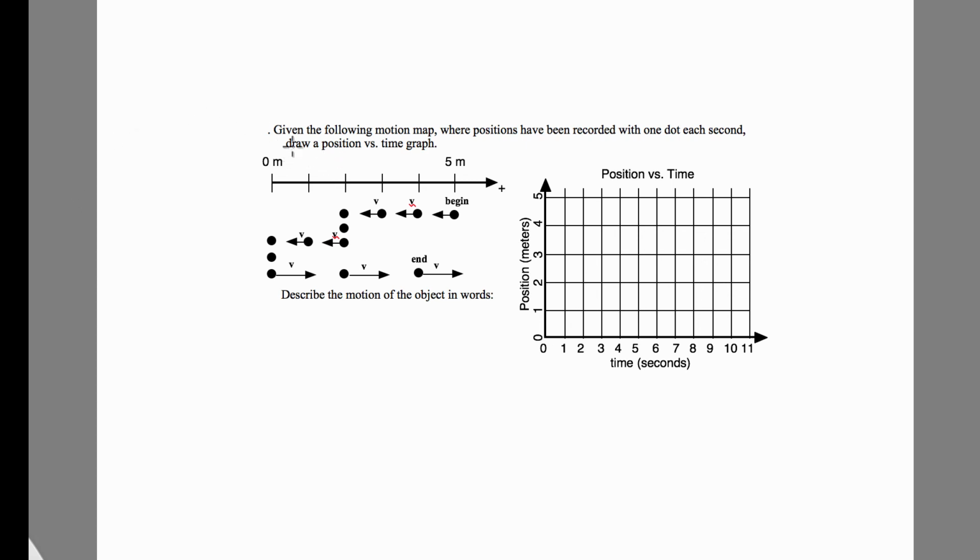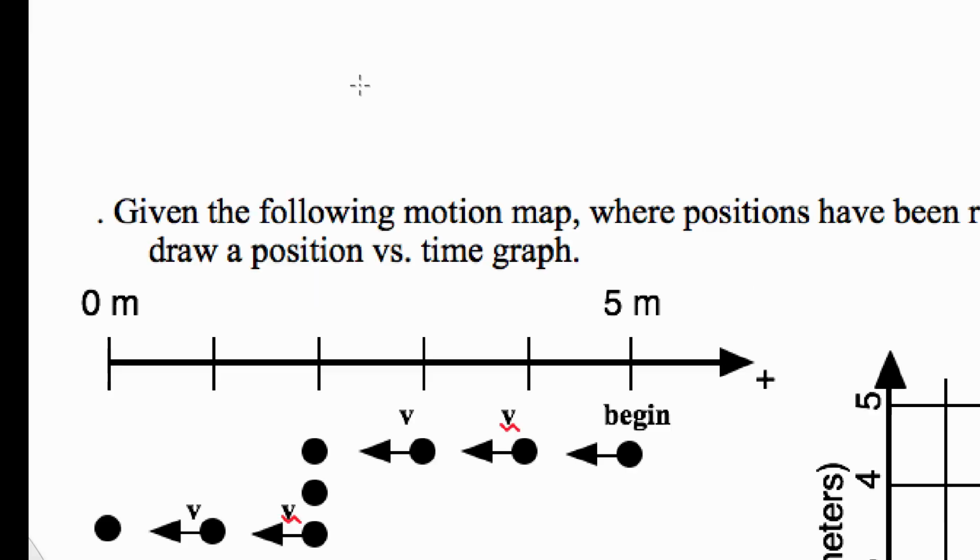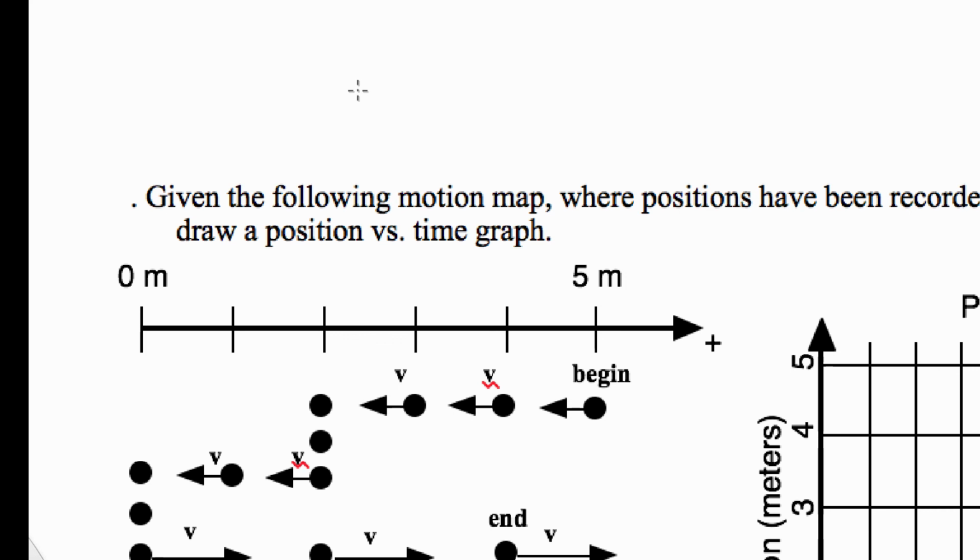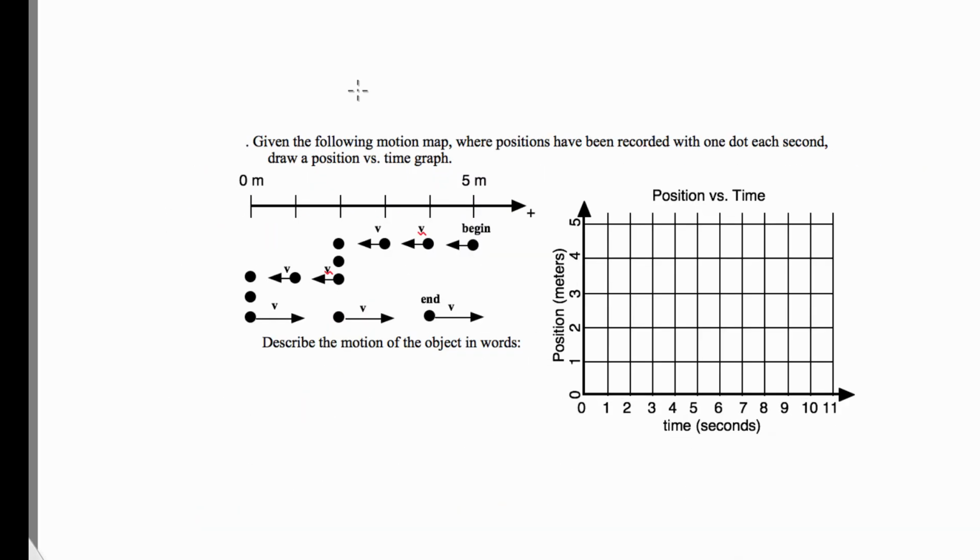It says, given the following motion map, let me zoom a little bit. Given the following motion map, again, this thing here that I'm now drawing a circle around, this is our motion map, in case you're not sure what that means. It's just a way of describing motion.